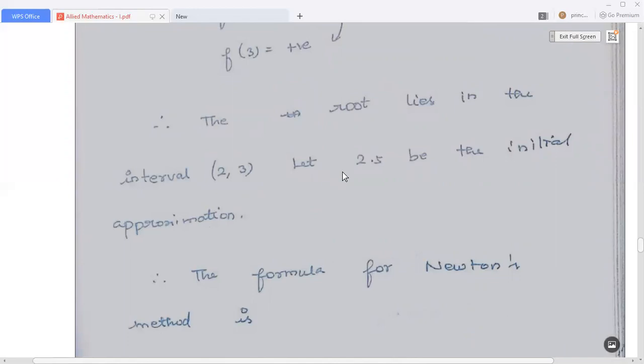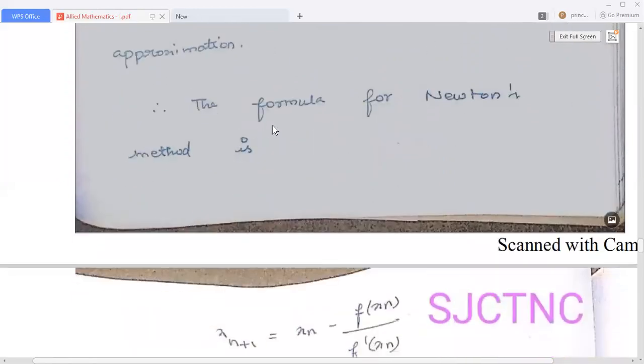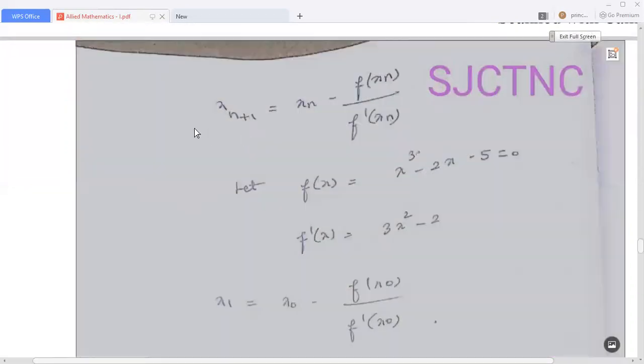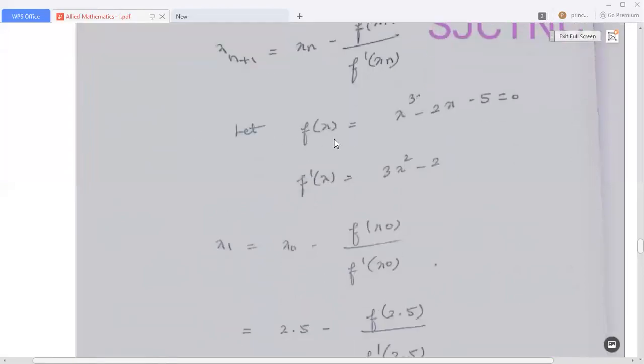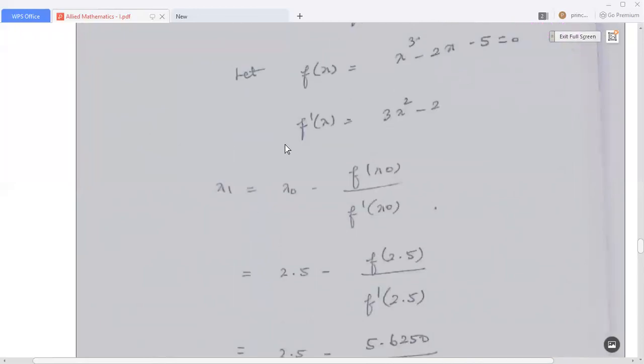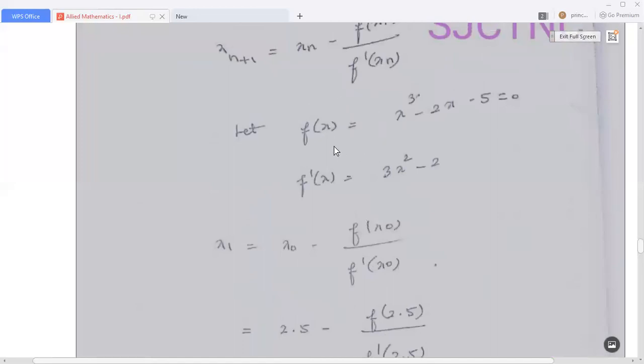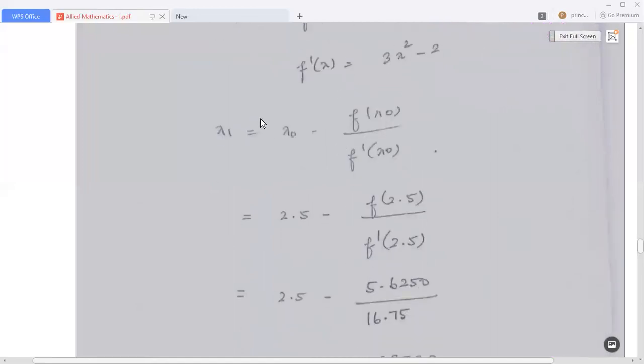Now we take x0 equal to 2.5 as the initial approximation. Therefore, the formula for Newton's method is xn plus 1 is equal to xn minus f of xn by f dash of xn, where f of x is x cube minus 2x minus 5 and f dash of x is 3x square minus 2. So these values are to be substituted in the formula.